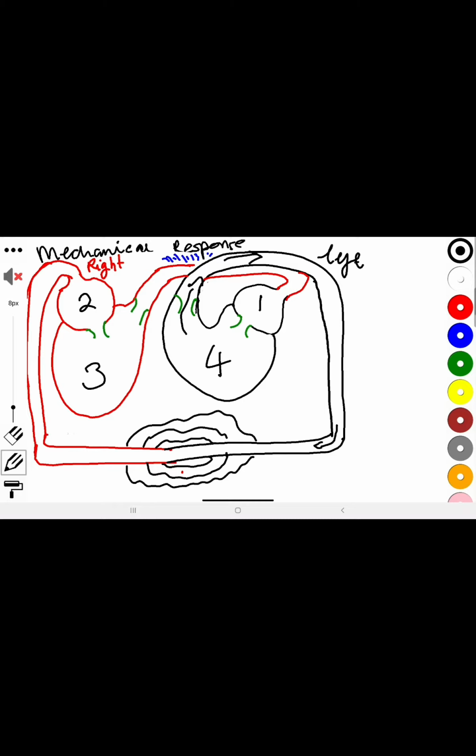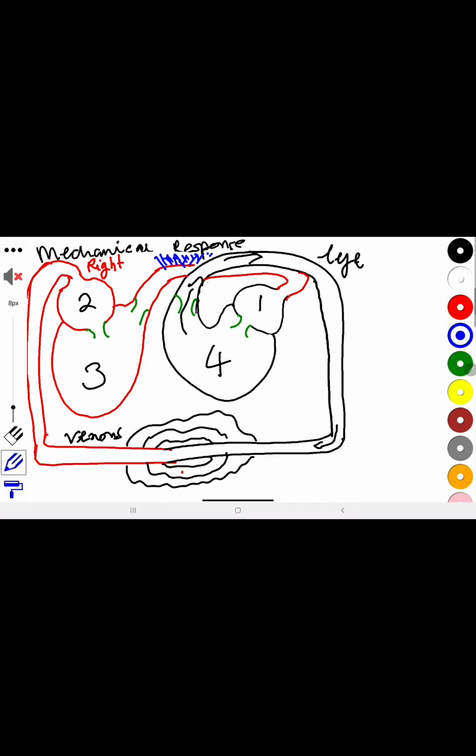But once it goes to the venous side, it pumps into the right side of the heart, whose only role is to pump to the lung area.